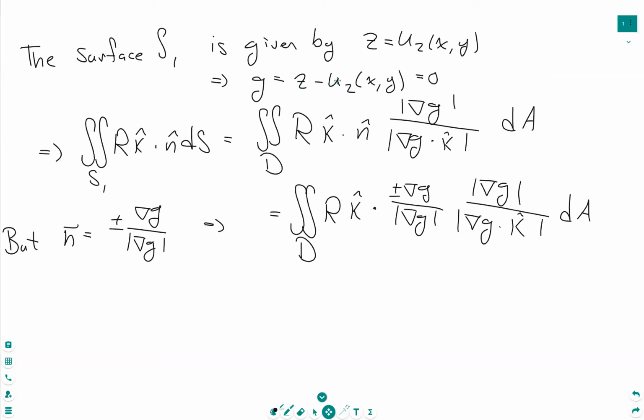Actually, why don't we just go ahead and write it at least once, and then we'll replicate it for the other side. We'll get negative u2x, negative u2y, and then 1, right? If I want this to be pointed up, I'm going to choose the positive version here. And when I take this dot product here, I also get a 1, so this denominator becomes 1. This numerator, because it's being dotted with k, just like this denominator here, is also going to be 1.